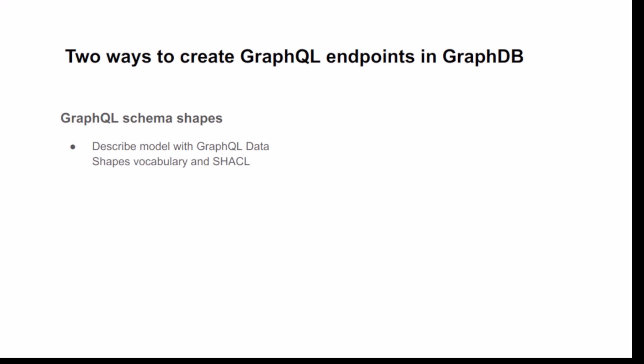This model uses the GraphQL data shapes vocabulary to specify the high-level structure, and you can then use SHACL, RDFS, and OWL to specify details about which types and fields to make available via the API. This method is best when you want to have more control over the GraphQL schema that gets generated. We'll see more details on how to do this shortly.